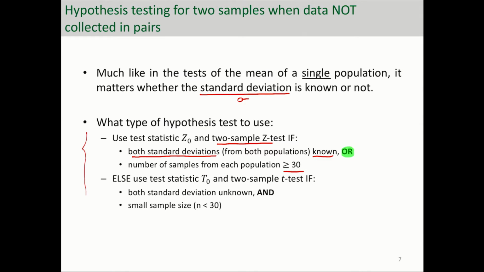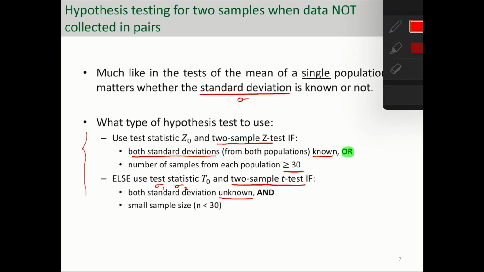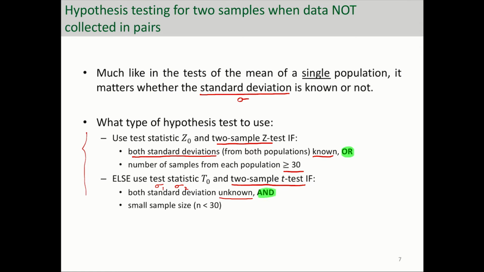But if not, we're going to use a two-sample t-test if both standard deviations are unknown, which means sigma 1 and sigma 2, and here is an and statement.